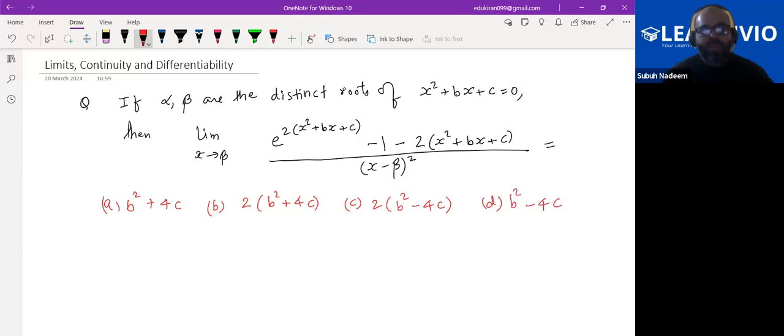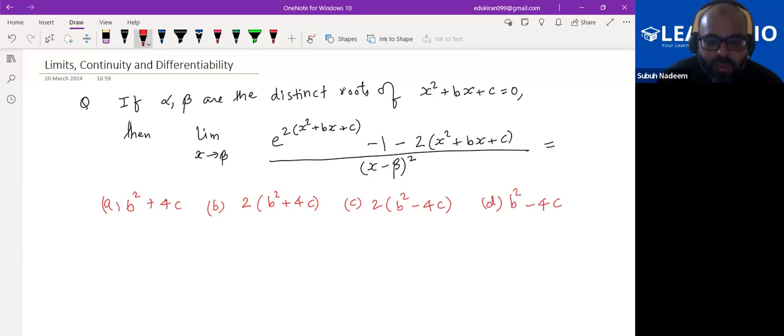So if you take x approaching beta, then in that case, this denominator will become 0. If x is approaching beta, denominator will approach 0. And the numerator basically will be, since beta is a root, e to the power 0 will be 1. 1 minus 1 will be 0.